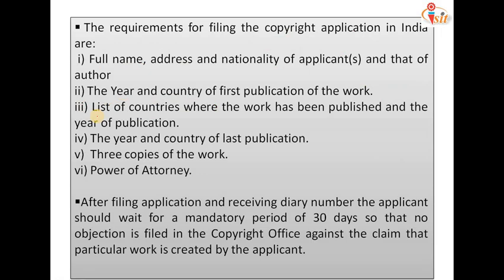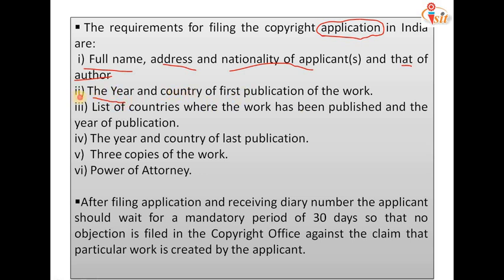Then the requirements for filing the copyright application in India. When you are filling the application, what is the requirement? First of all, you have to mention the full name, address, and nationality of the applicant and that of the author. If the applicant and the author are different, you have to give all the details. Then the year and the country of first publication.